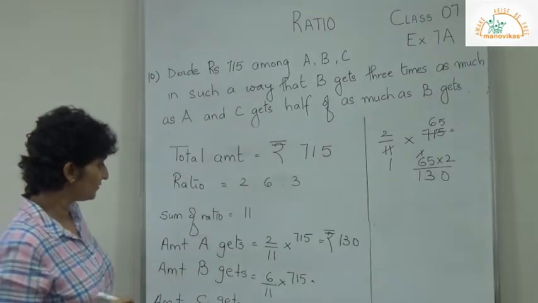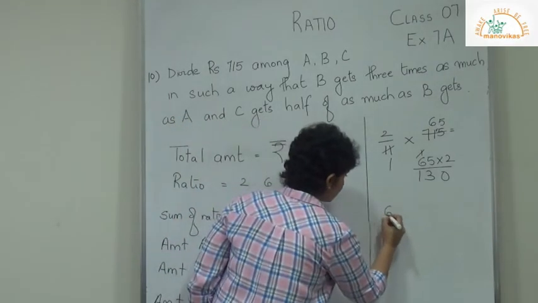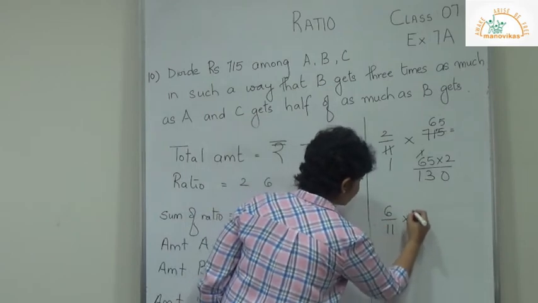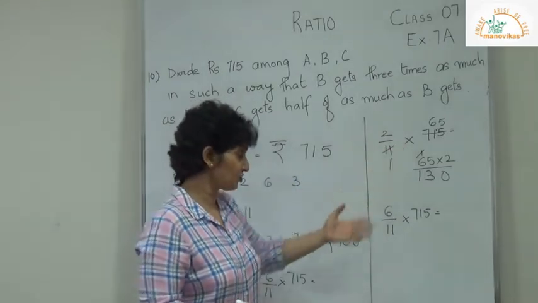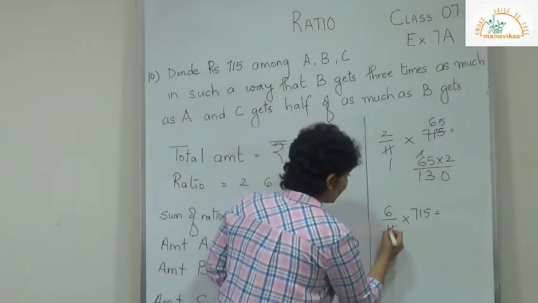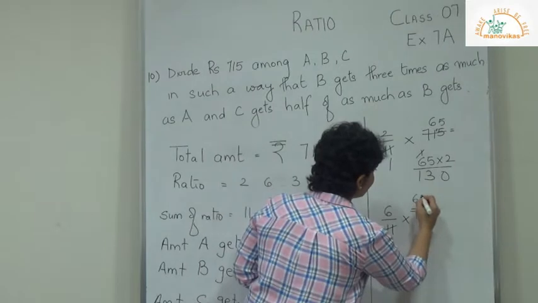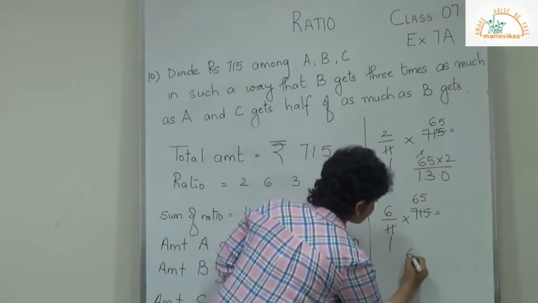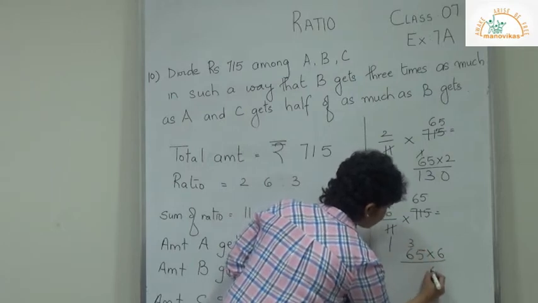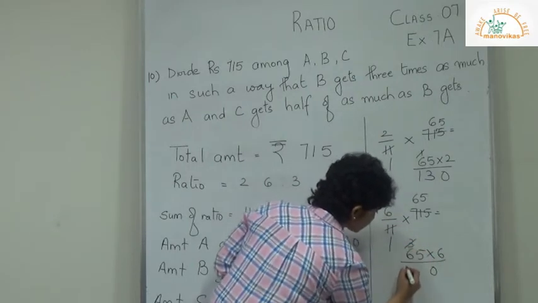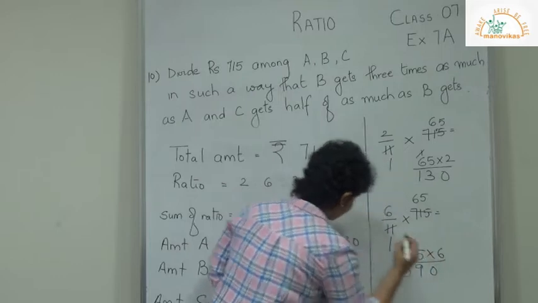So then let's try with B. That is 6 upon 11 into 715. I've already reduced it, children, so I don't need to do it again. 11 ones are 11 into 65. So 65 into 6 would give me 6 5s are 30, 6 6s are 36 plus 3, 39.